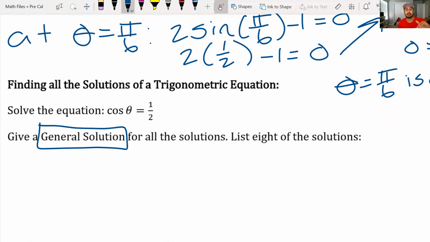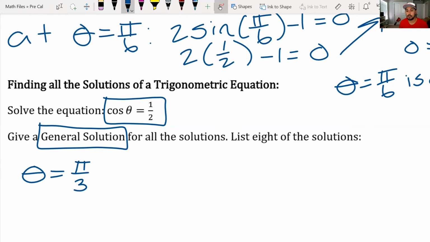This means we need to make a solution that will cover all radian values that make cosine 1/2.